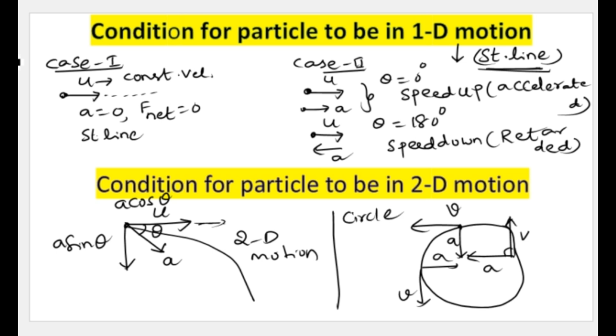This is also an example for 2D motion. So this is the condition for 2D motion. For 2D motion, the acceleration makes some angle with initial velocity. If it is perpendicular, the path is a circle, and if it is not perpendicular, the path is curved like this. These two are the conditions for 2D motion.